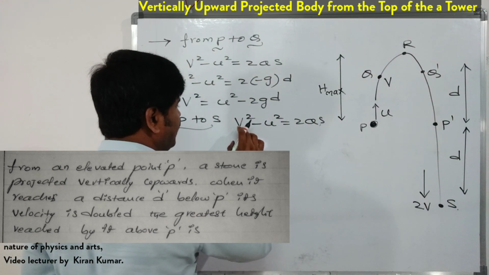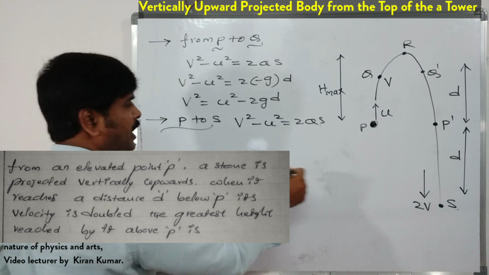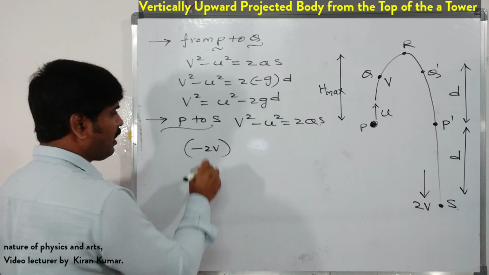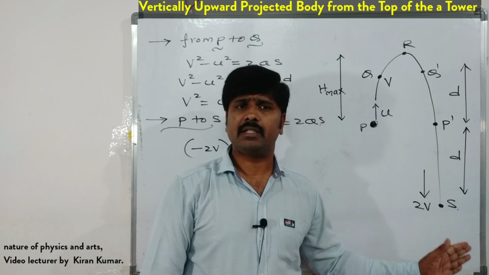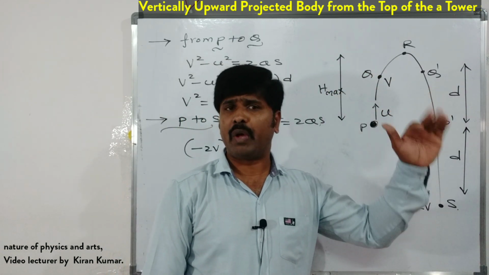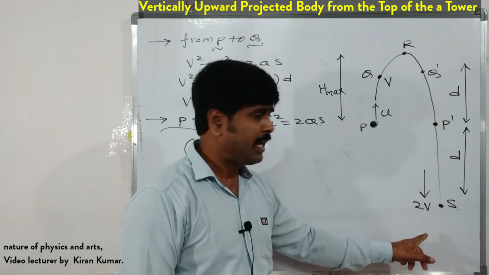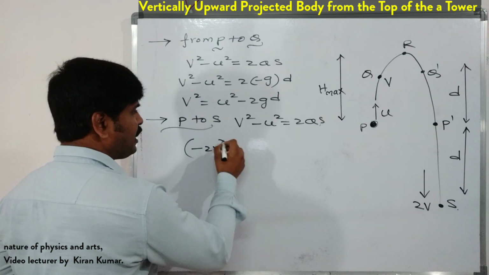Using the formula, the values are replaced here. V is taken as minus 2v. Already I told you, along the negative y-axis, velocity and displacement are negative. Along the positive y-axis, velocity and displacement are positive. This is the negative y-axis direction. Downward is minus v, so that is minus 2v given.